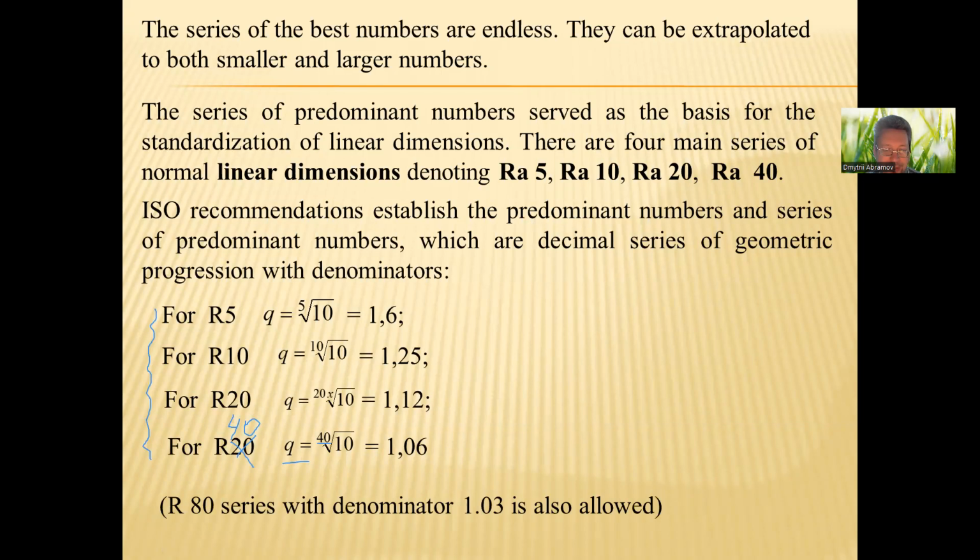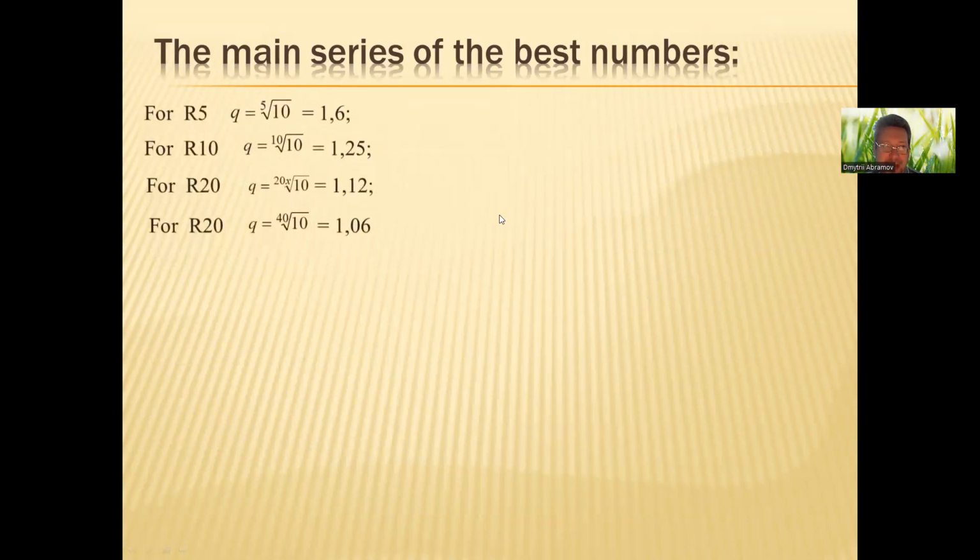The R80 series with denominator 1.03 is also allowed. The main series of the preferred numbers.